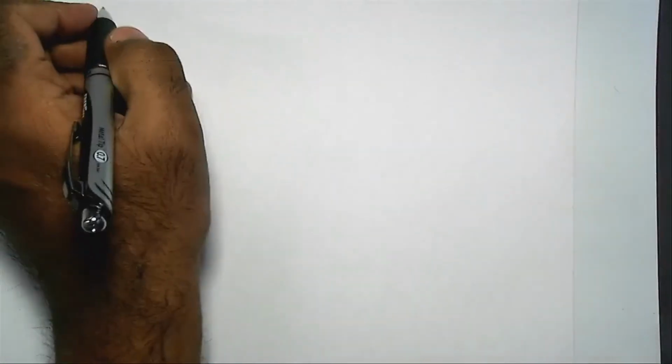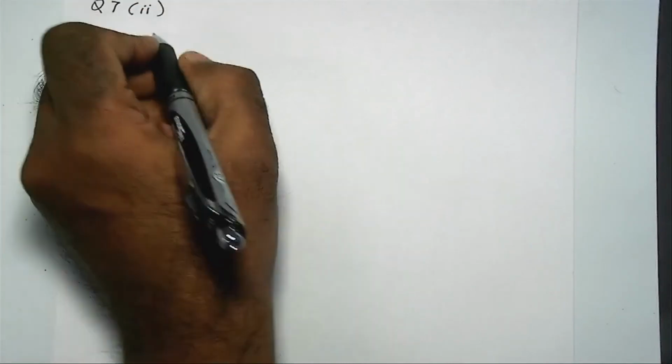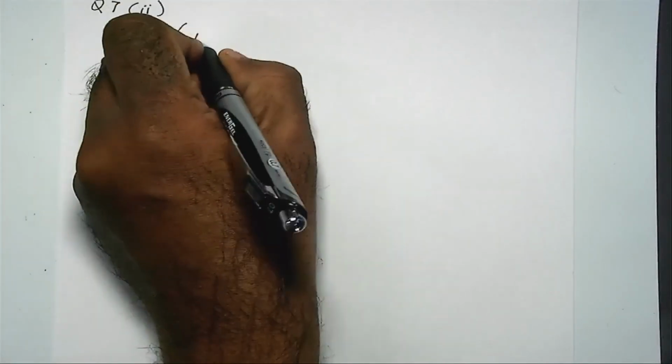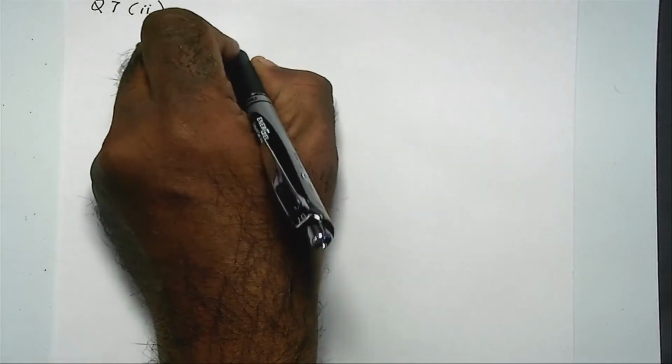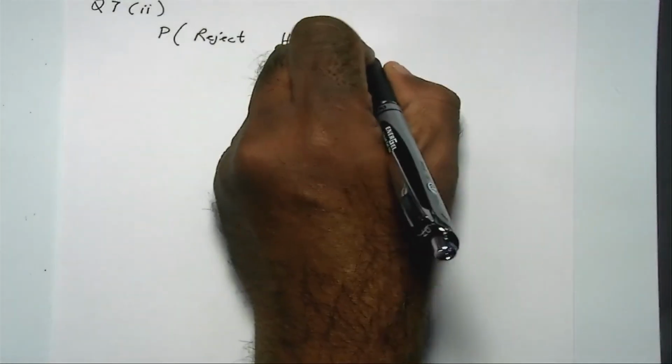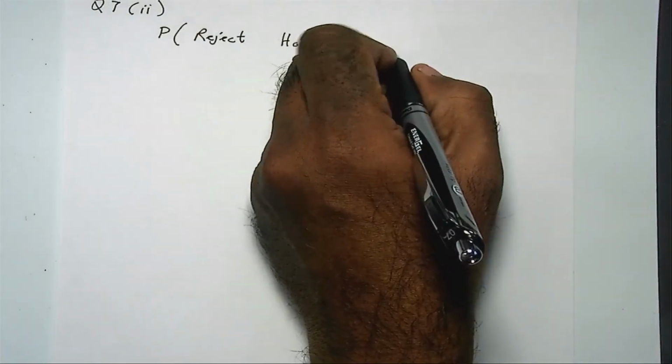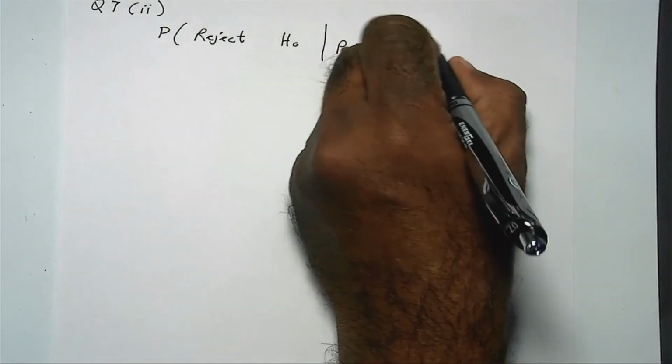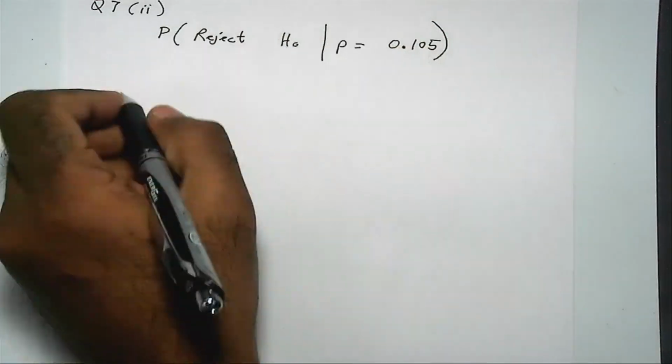So this is still question 7, part 2. So we are looking for the probability of rejecting H0 when, in this case, p is 0.105. Okay.